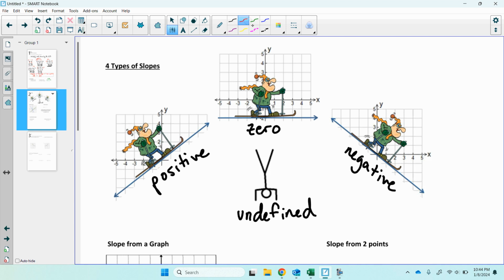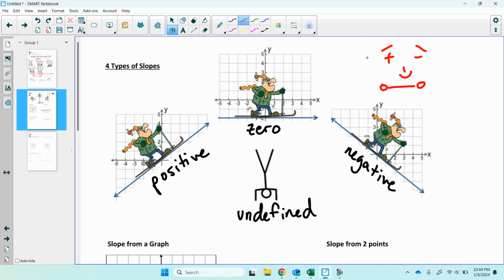I have also shared this with some of my classes in the past, and maybe you can find this on Google if you search different types of slope. But I always enjoy looking at slope guy and drawing this. So this is my way that I usually remember my slope.